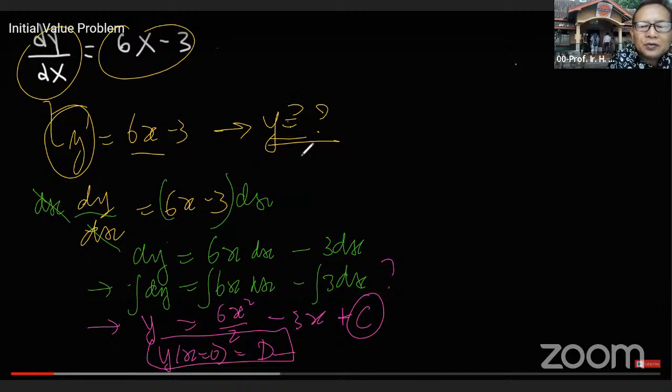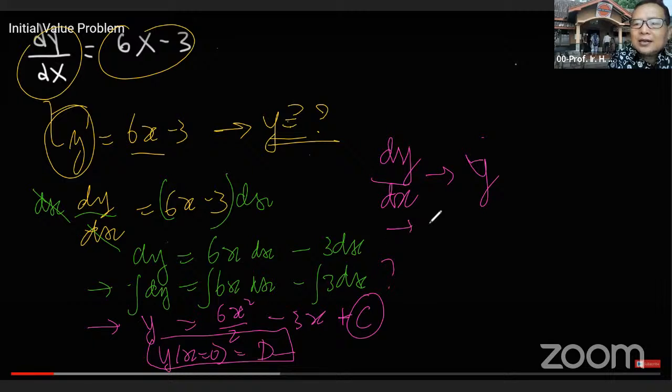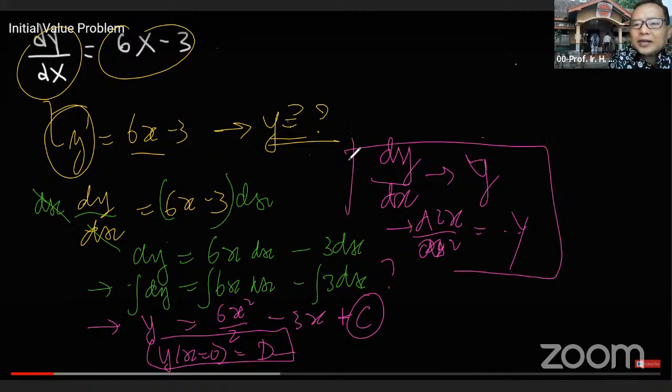Because if you have a differential equation, you have to solve by using integration to find y, because the problem is dy over dx. So you have to find y. Maybe this is non-linear. Maybe d squared x over dx squared, for example, like in the problem of eigenvalue, you have second order. So this is squared because there is an acceleration in it.